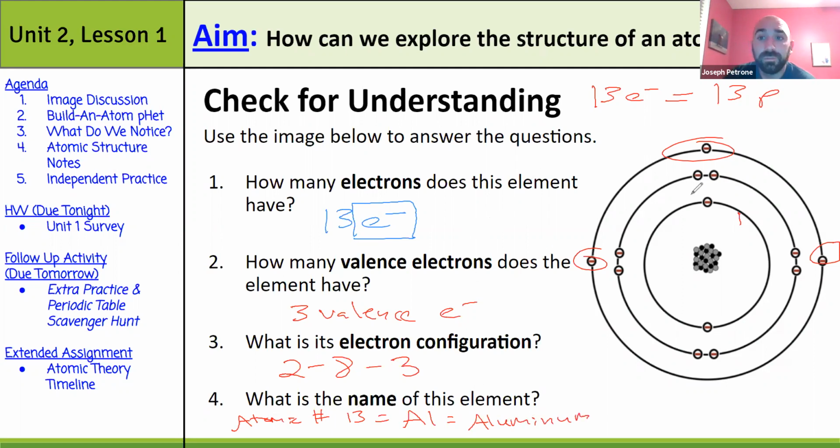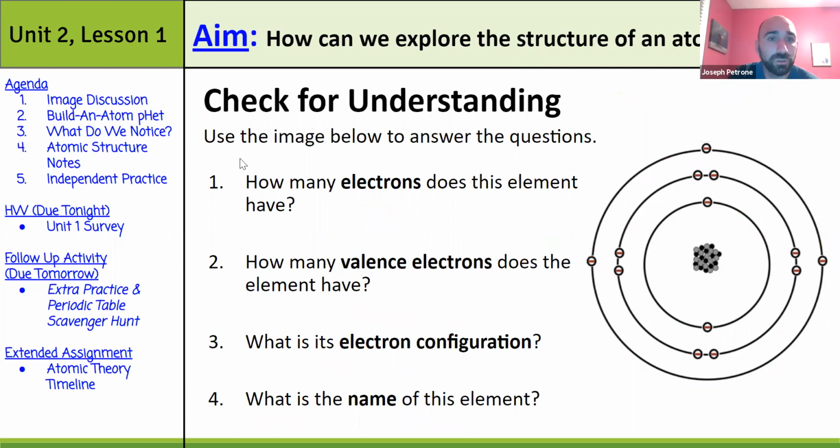So once again, I was able to derive that the fact that we have 13 electrons must mean we should have 13 protons in our nucleus. The element that has atomic number 13 is aluminum. If you got any of these wrong, go back and check your answers over, see what mistakes you may have made. I'm just going to clear this, and then we are just going to wrap up.